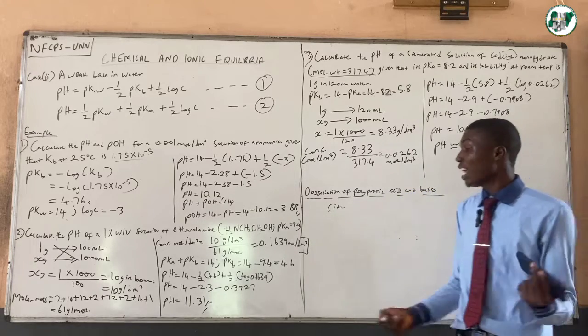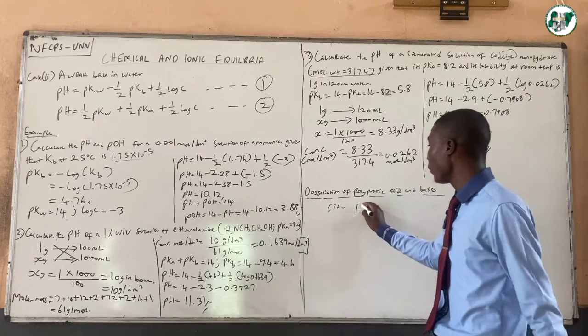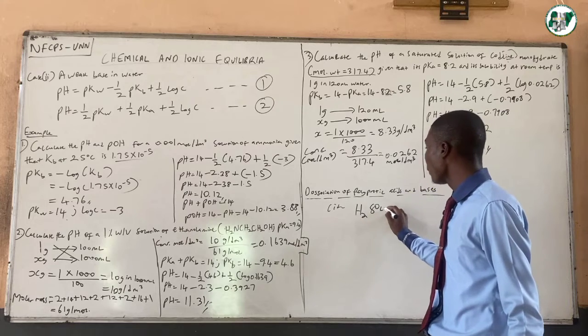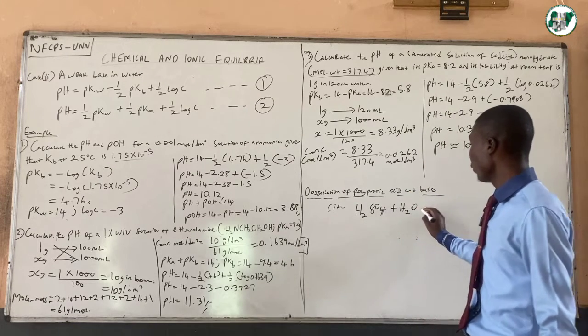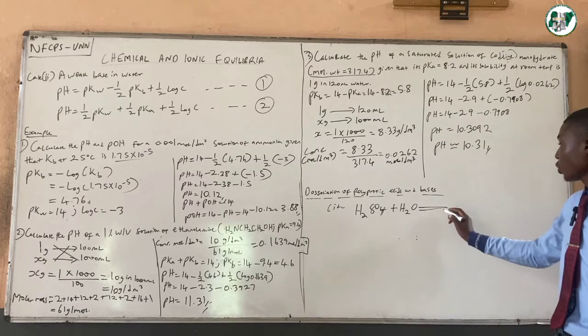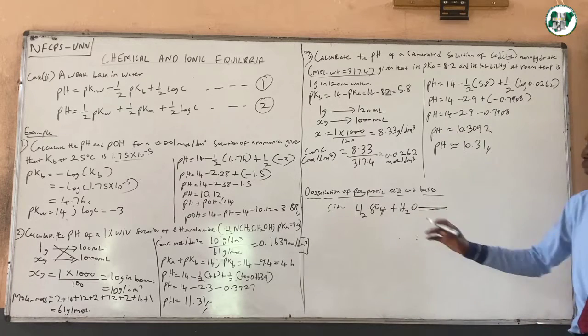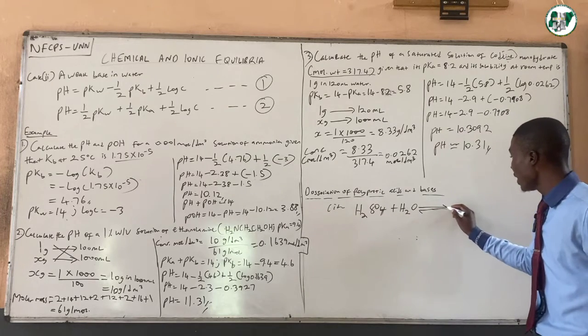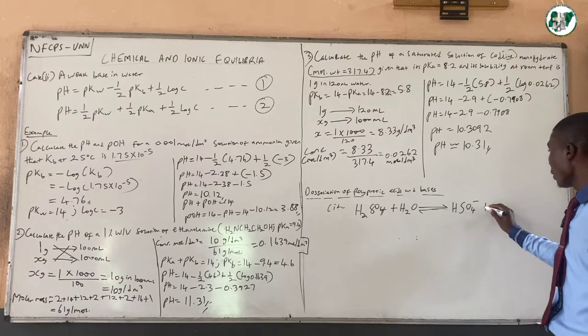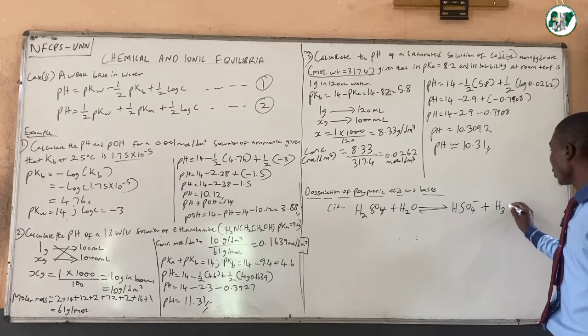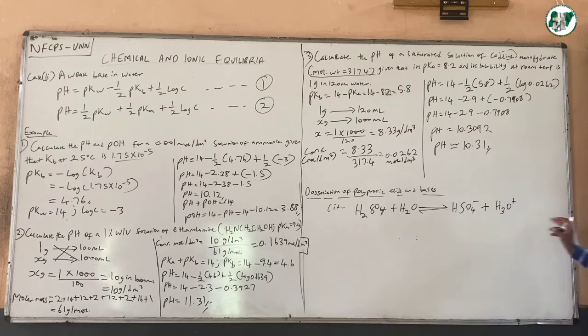So for example, let's use H2SO4 as an example. Let's say H2SO4 wants to dissociate. The first dissociation of H2SO4, meanwhile, this is a poor example to use, is going to be HSO4- plus H3O+. This is the first dissociation.